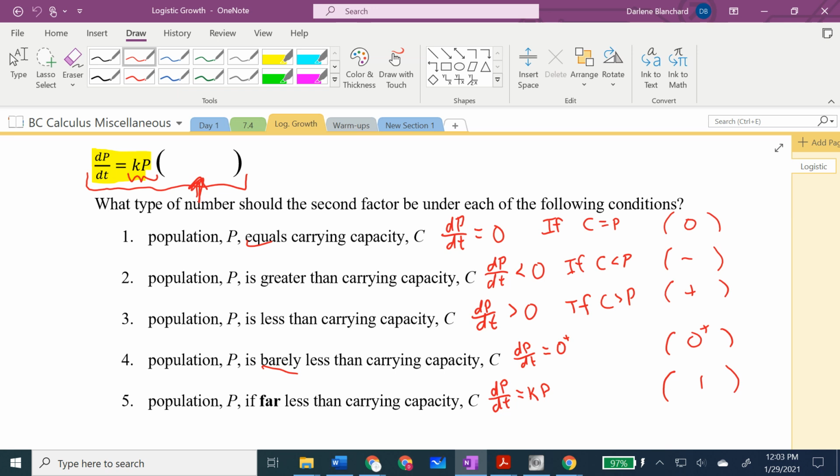Having my growth rate show exponential growth is the best it's ever going to be. If I'm dealing with a population under carrying capacity, my second factor needs to be between 0 and 1.